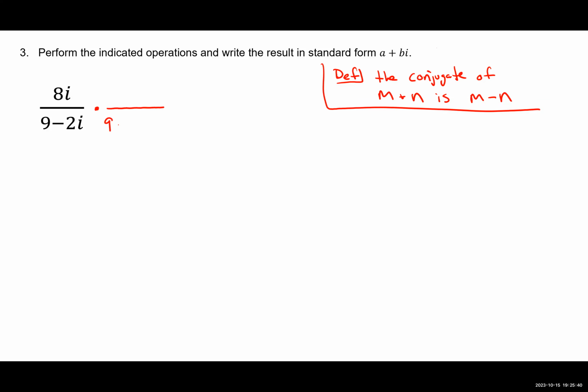So we'll multiply by 9 plus 2i, the conjugate of the denominator. And whatever we do to the bottom, we've got to balance that off by doing the same thing to the top.